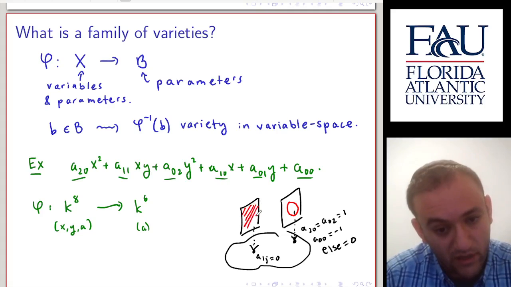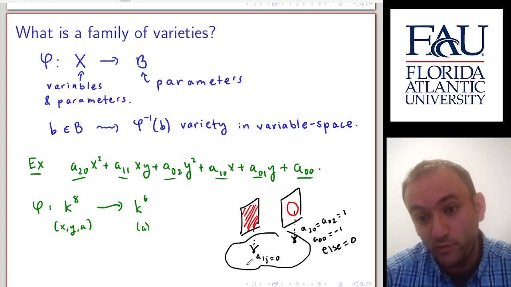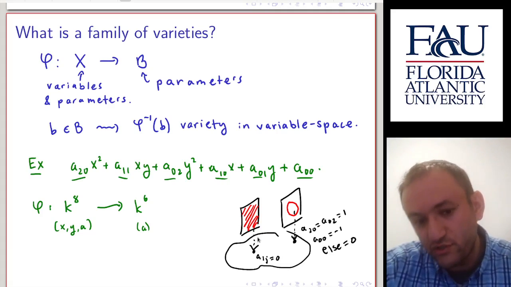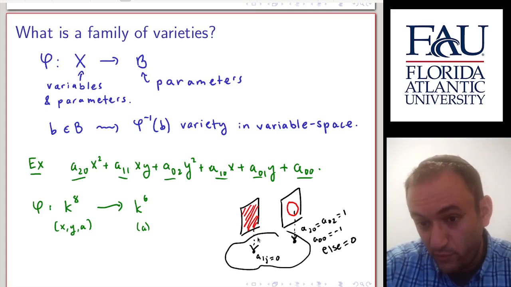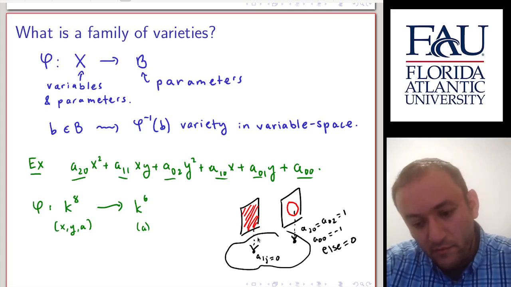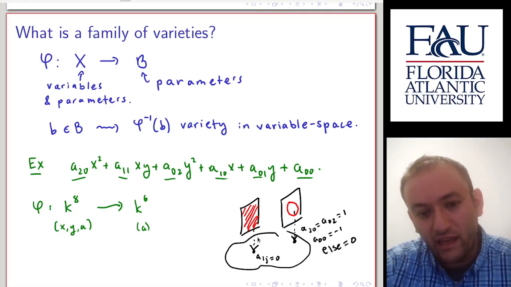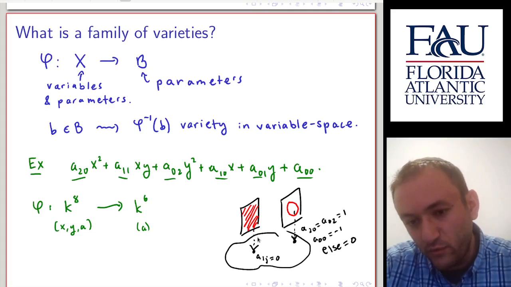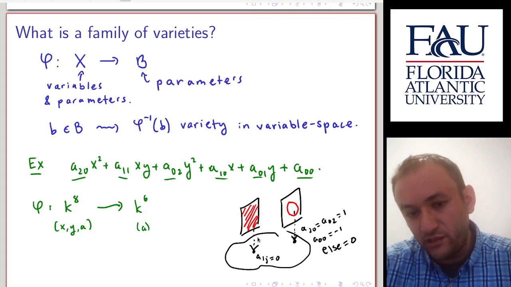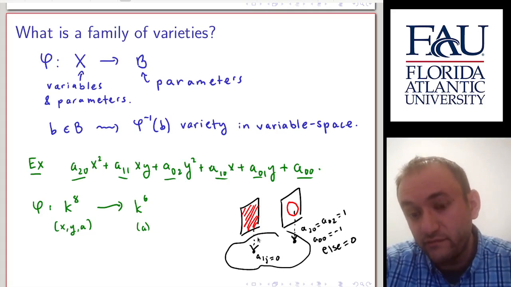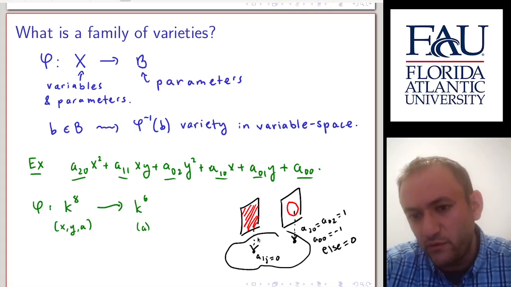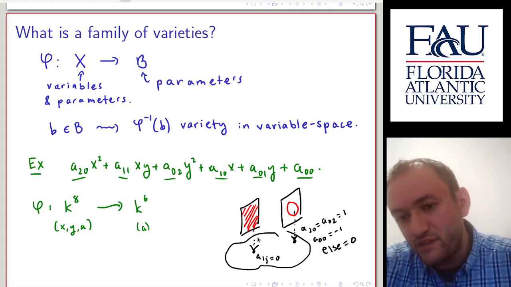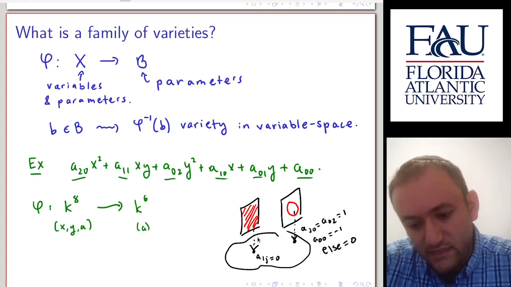So the corresponding variety is the whole plane. Okay. But at least we have a notion of what a family of varieties means in terms of a morphism. Now we want to try and think about what a well-behaved family would be. Okay, so this one is not really well-behaved because on the one hand you have curves defined by degree 2 polynomial equations, but then you also have the whole plane. Okay, so there's nothing that's really consistent about that.